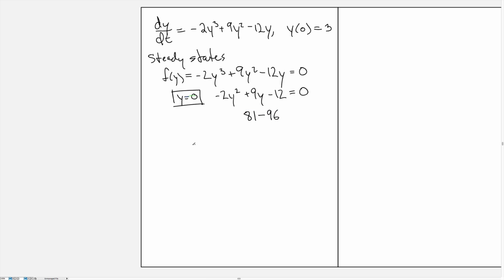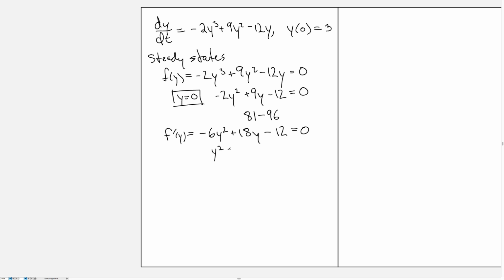So to figure out what this function looks like in more detail, so that we can draw the phase line accurately, let's also find any critical points. We have minus 6y squared plus 18y minus 12 equals 0. And there's a factor of minus 6 common across here, so if I divide through by that, it'll simplify things a bit.